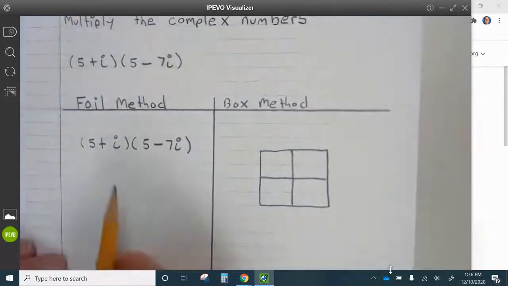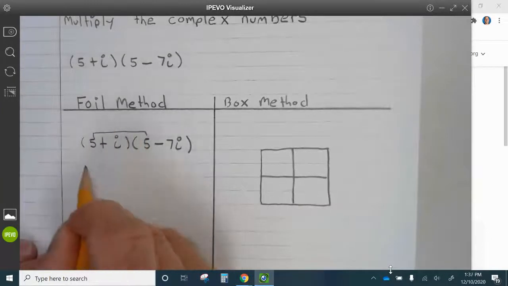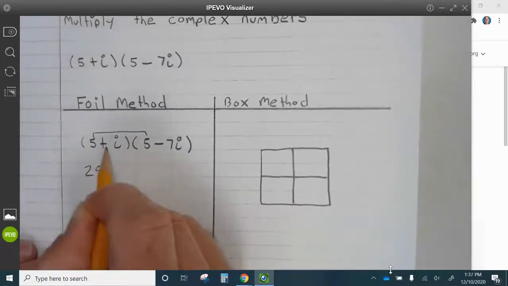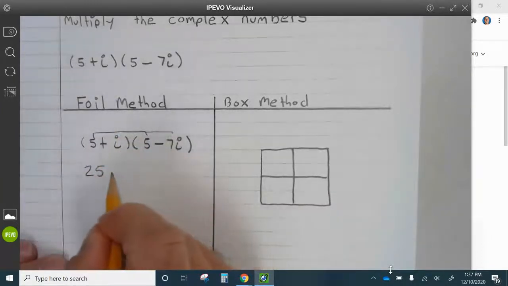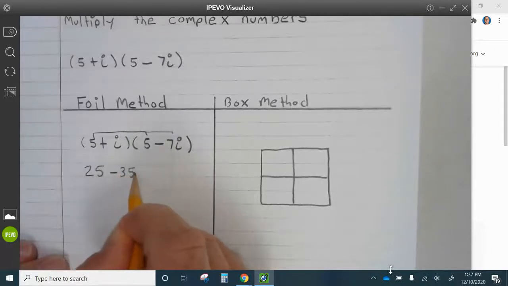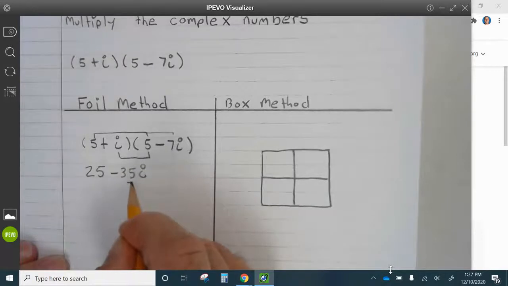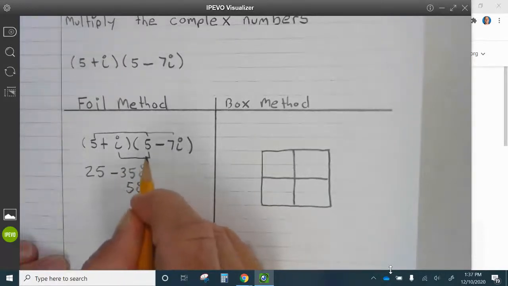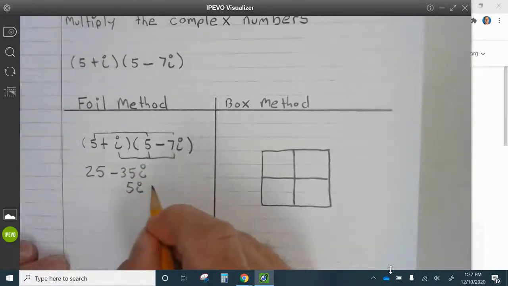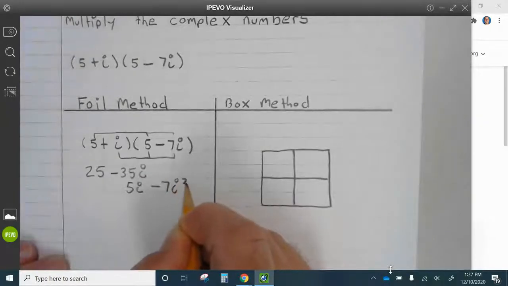Okay, so FOIL, so we do 5 times 5, which is 25. 5 times negative 7i is minus 35i. I times 5 is 5i. I times negative 7 is minus 7i squared.